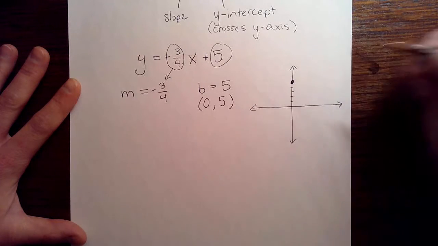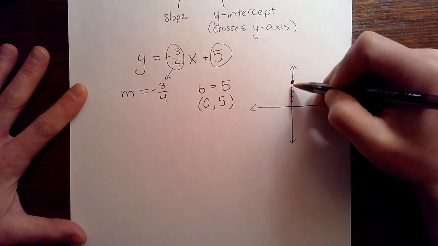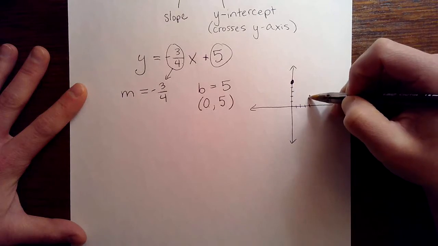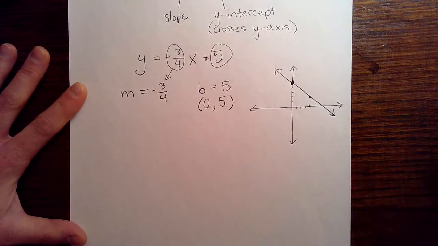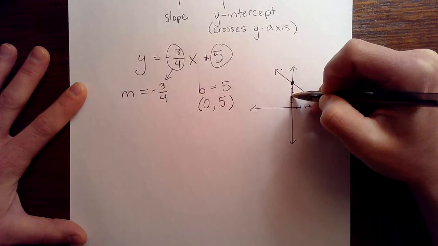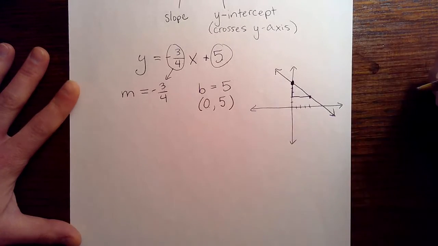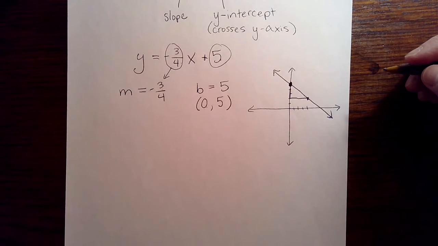So there is a point at 0, 5. And then the slope is down 3 and over 4. If I gave you this line, you might be able to find 1, 2, 3 over 4, the slope and the y-intercept. In fact, that's going to be our goal today, to identify the slope and y-intercept, and then to graph some linear functions.